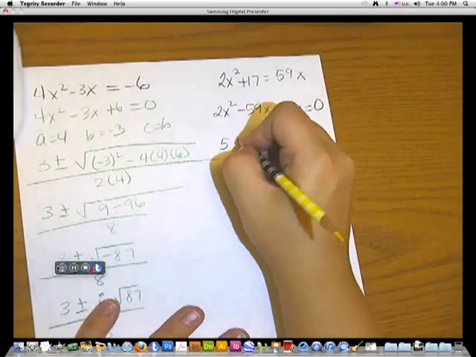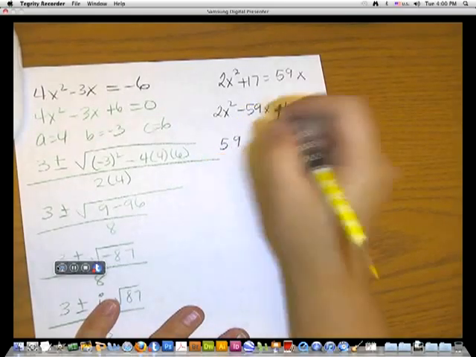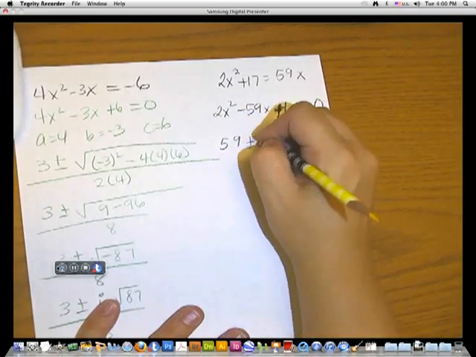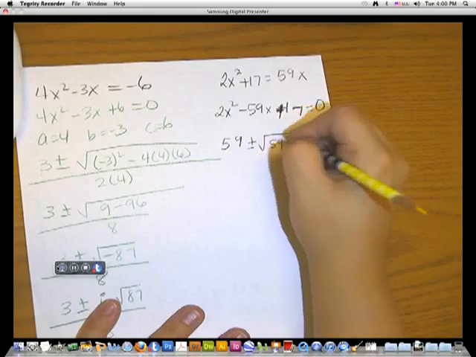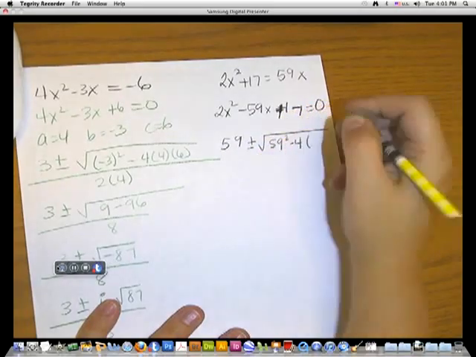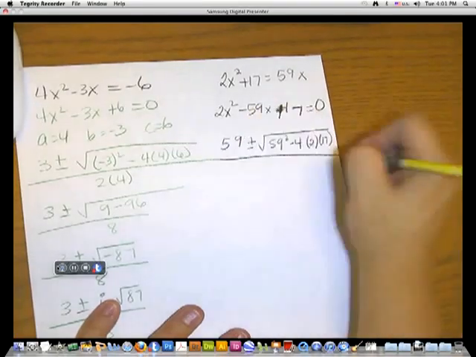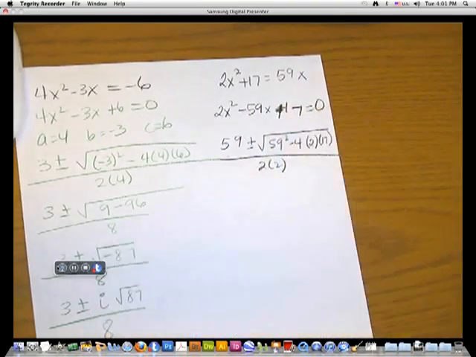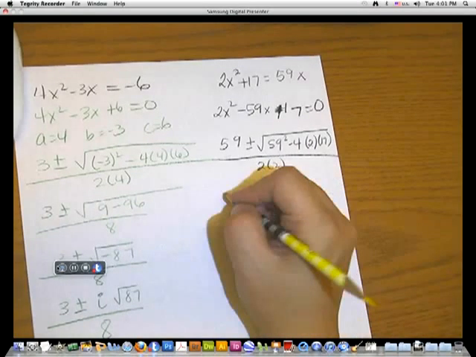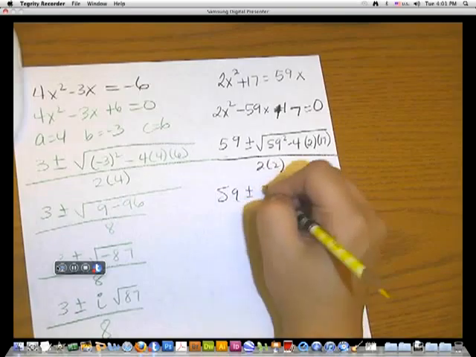So here we're going to get opposite of b, plus or minus square root, b squared minus 4 times a times c, all over 2 times a. So 59 squared minus 4 times 2 times 17 is going to come out to a really big number.